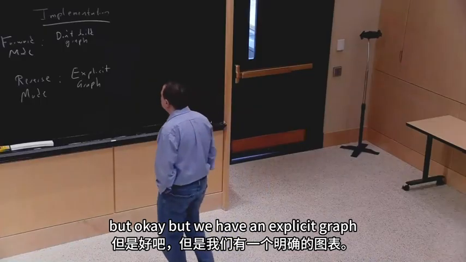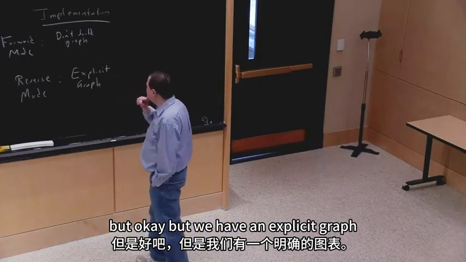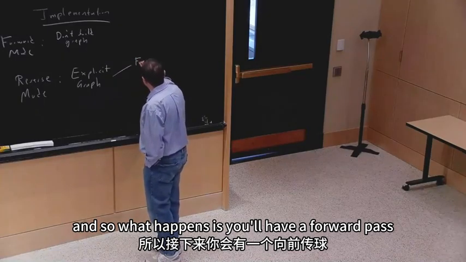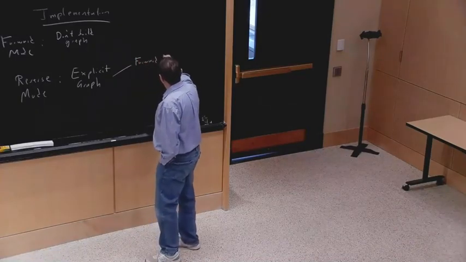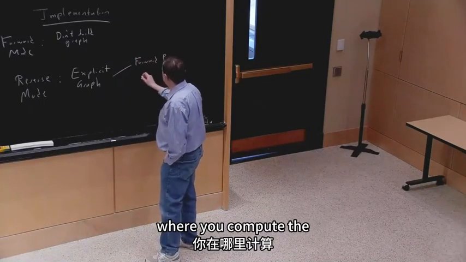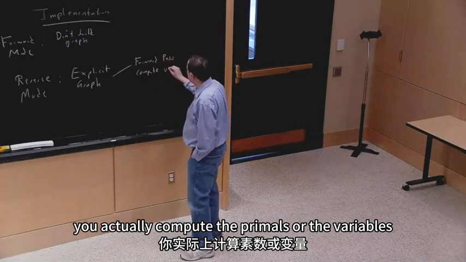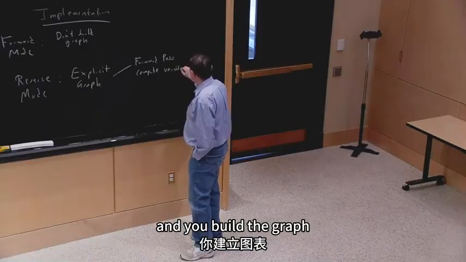But, okay, we have an explicit graph. And so what happens is you'll have a forward pass where you actually compute the primals or the variables, and you build the graph.